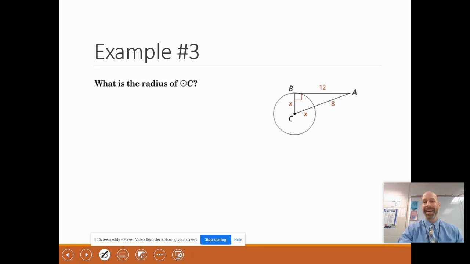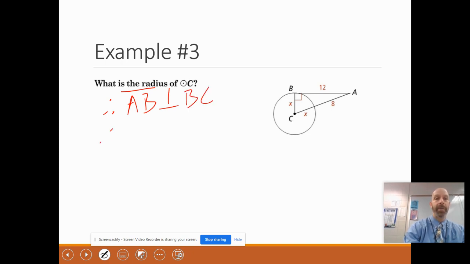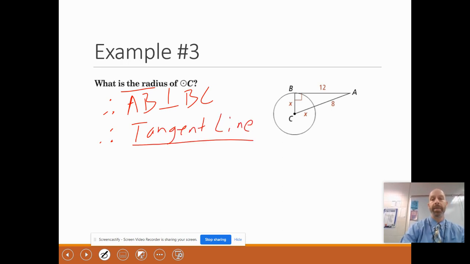We've got this segment AB and this segment BC. We know that they're perpendicular at point B. Therefore, I can automatically conclude that segment AB is perpendicular to segment BC, and therefore it is a tangent line. That's the key thing. It is a tangent line.